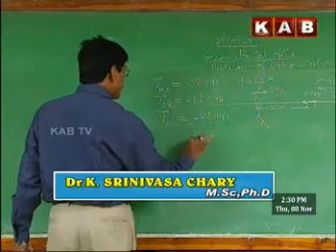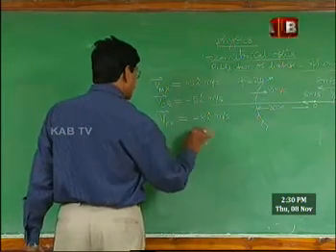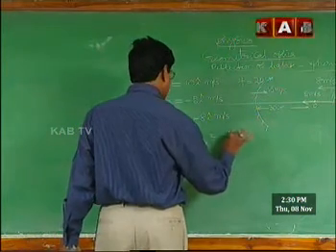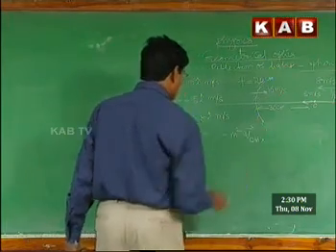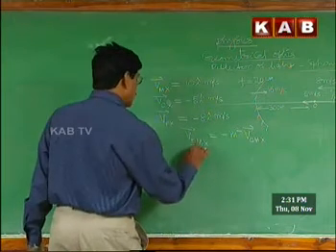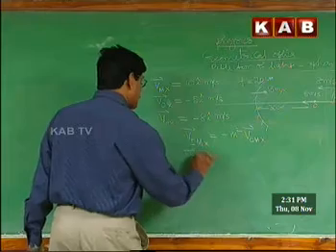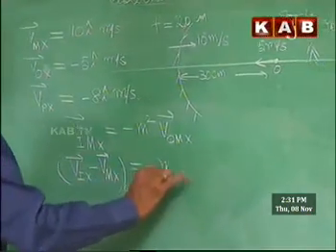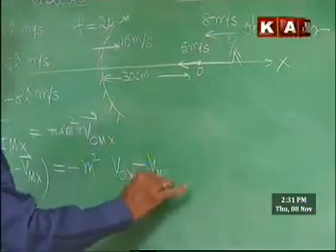Velocity of the image with respect to mirror along the x-axis is what we have considered as minus m square VOMX. That is what we calculated as the velocity of the image. So the velocity of the image with respect to mirror, VIX minus VMX, is equal to minus m square times VOX minus VMX.